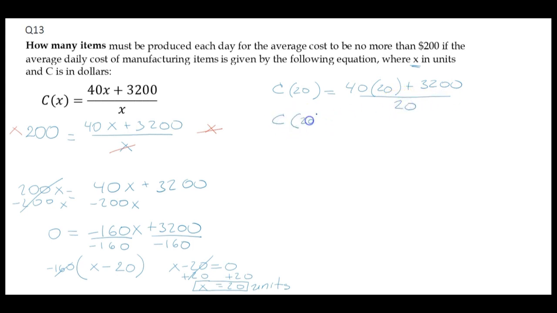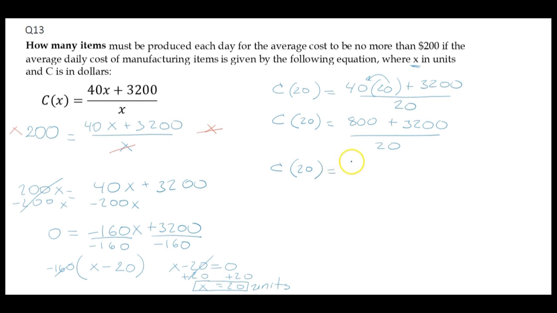I like to keep everything organized. So 20 times 40 is going to give me 800 plus 3200, all this over 20. I'm doing it step by step. You can put everything at once in your graphing calculator.